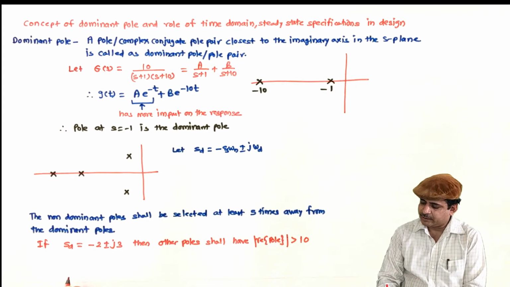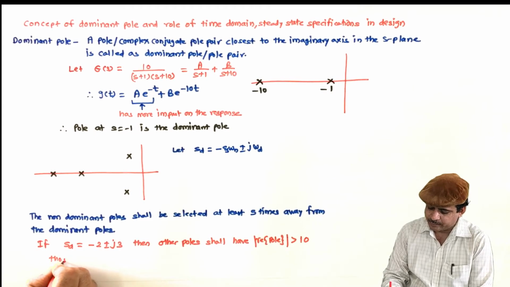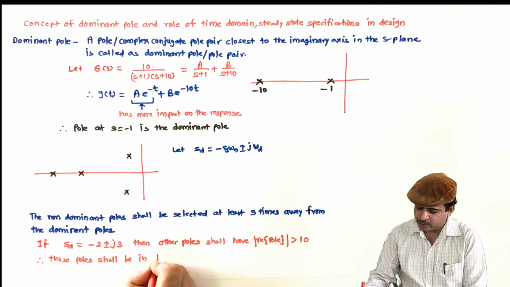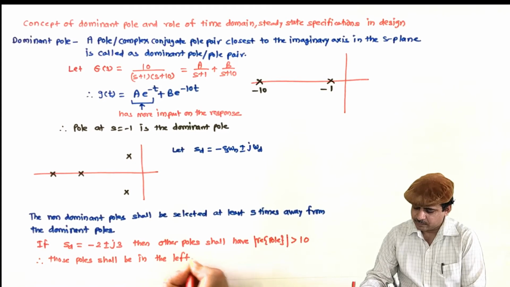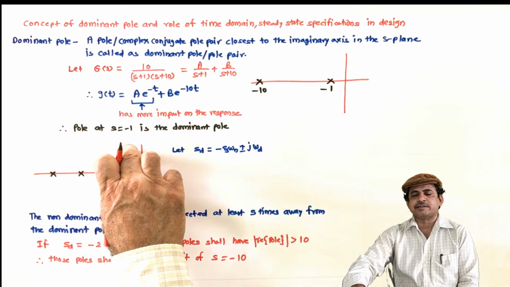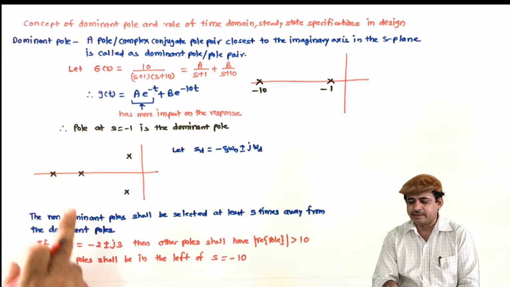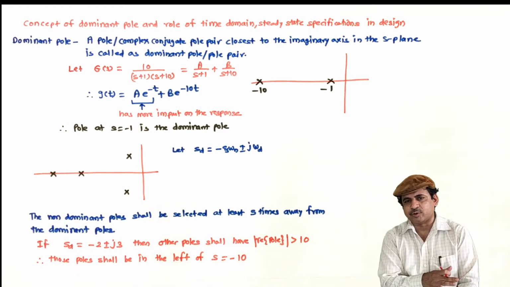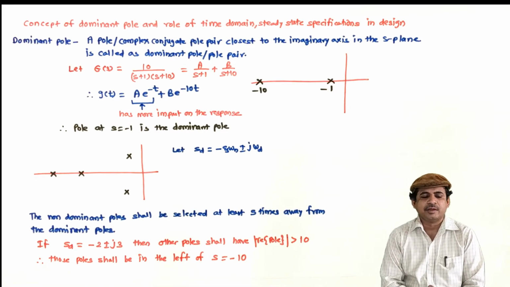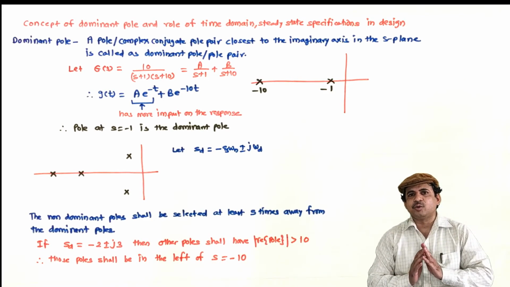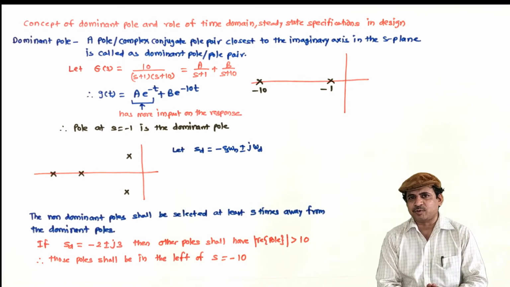That means those poles shall be in the left of S equal to -10. Means if these two poles are such that they are -2 plus J3, then this pole and this pole shall be towards left of at least S equal to -10. And then the design can be considered, because these two poles have almost no impact on the transient response.